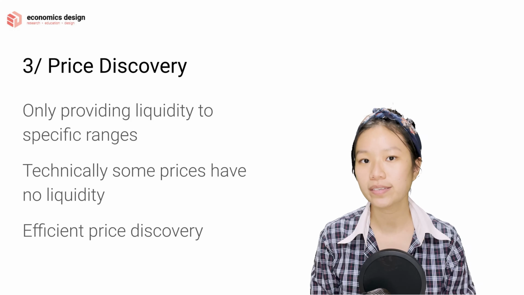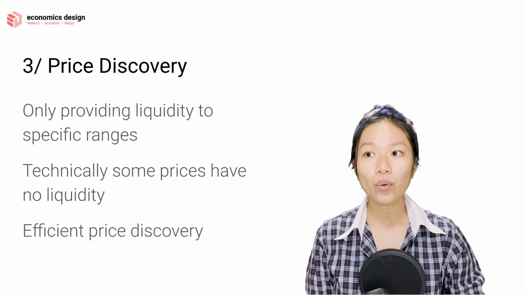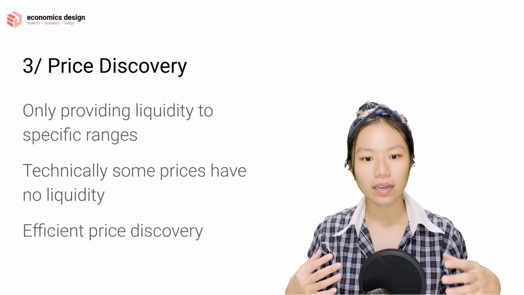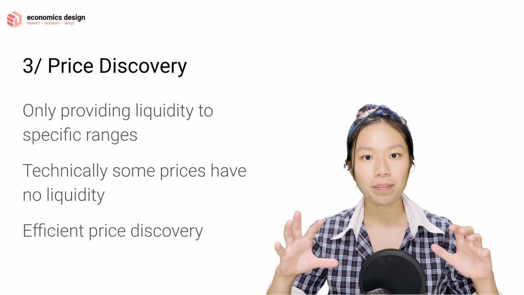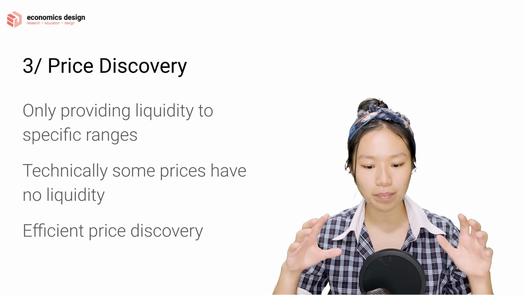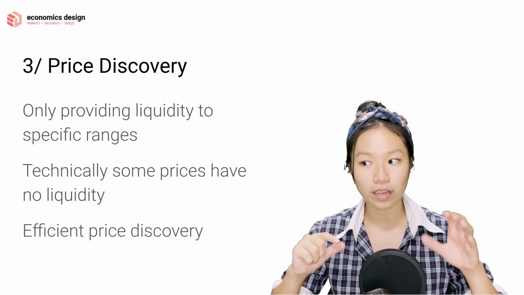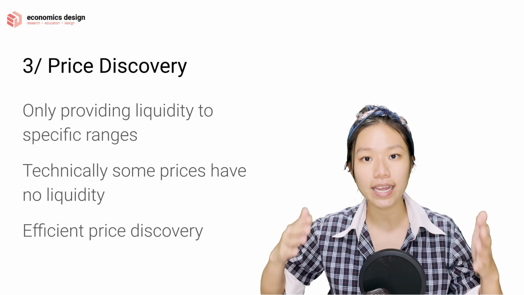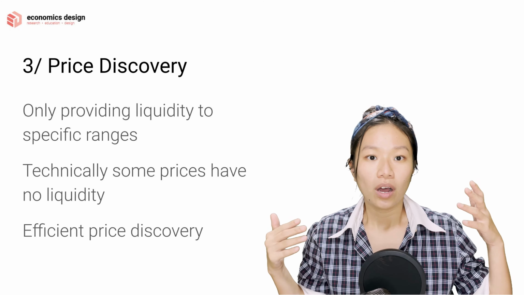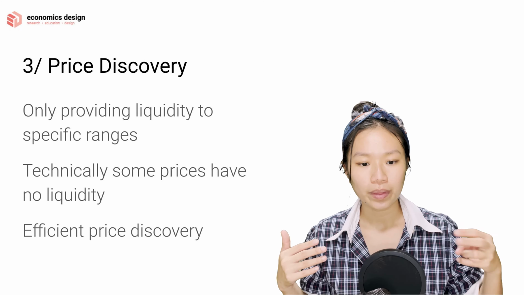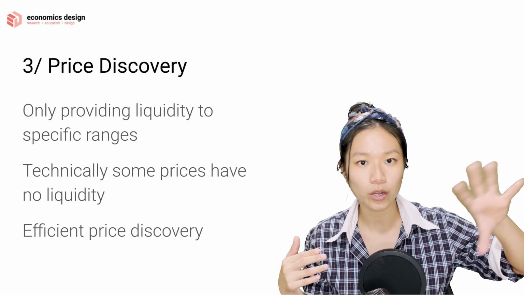The third one is price discovery. I think this is quite good as well, because now we are combining central limit order books with decentralized exchanges, and sophisticated traders can be providing liquidity to specific ranges, and there are some ranges that can technically have no liquidity, because nobody is going to trade DAI for 2 USDC because it's too expensive, and so there will technically be no liquidity there.